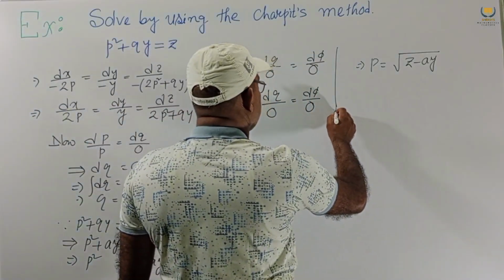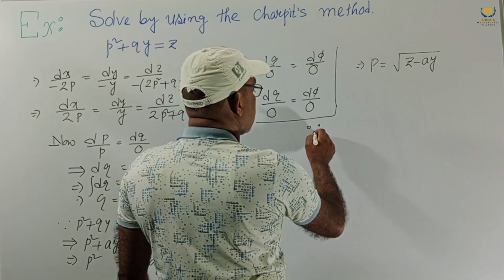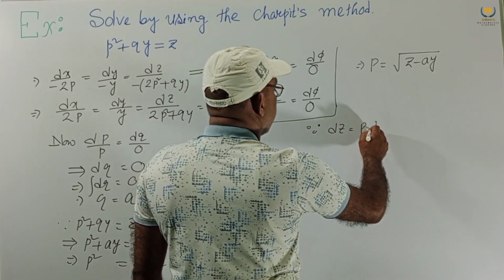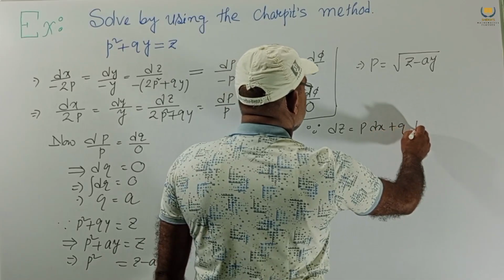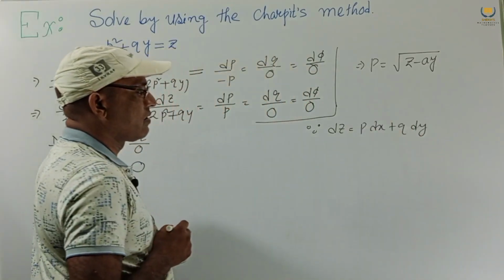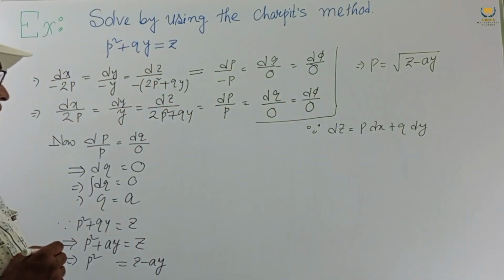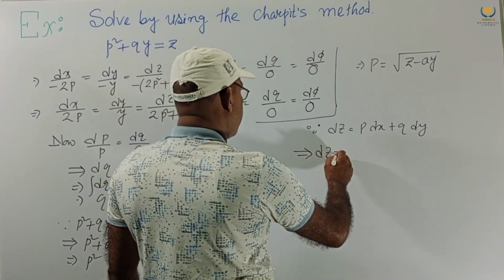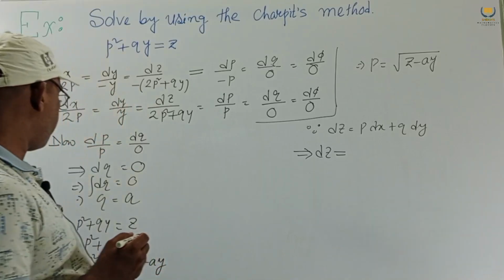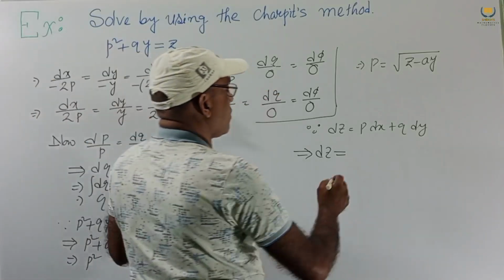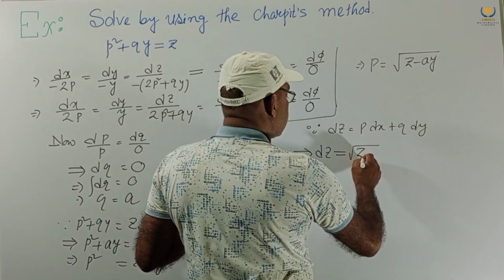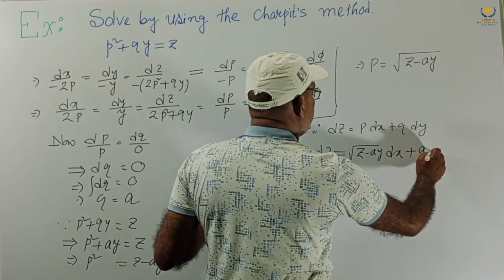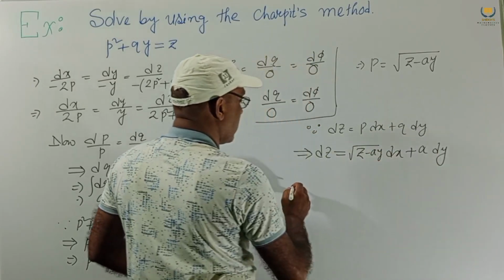Since dz equal to p dx plus q dy, this is our dz. We know the value of p, so we get dz equal to root over z minus ay dx, and q means a dy.